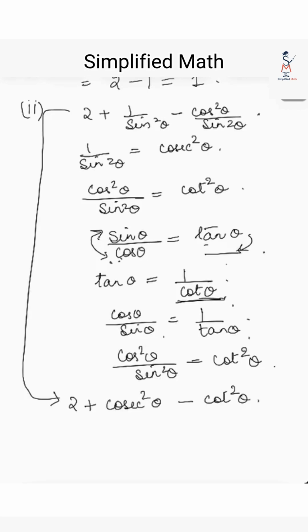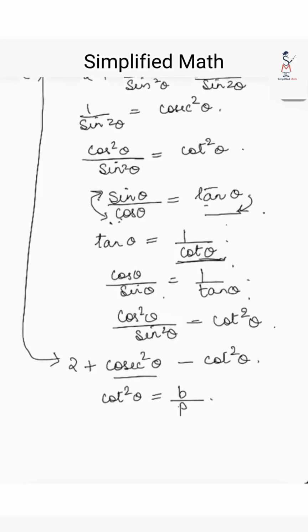So let's find cot square theta. Cosec we already know, it's given in the sum. So we will find cot square theta. What is cot square theta? Right? Tan theta is perpendicular by base, so cot theta will be base by perpendicular.